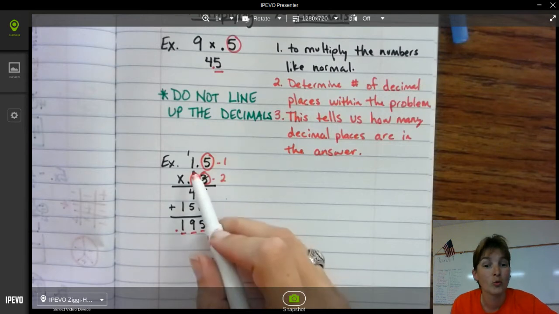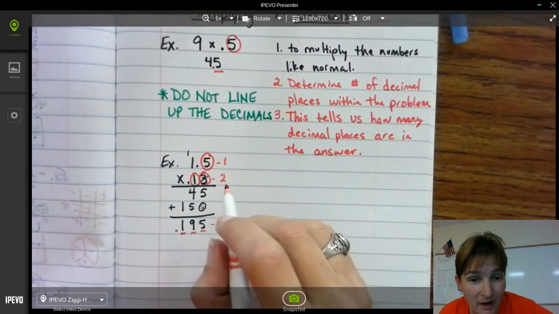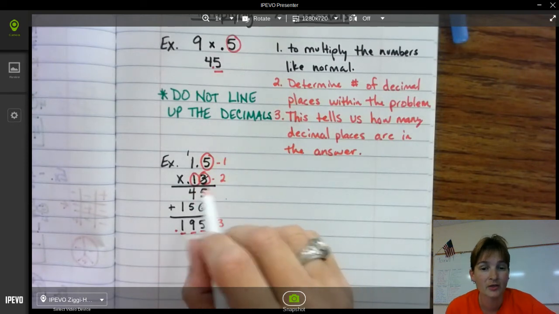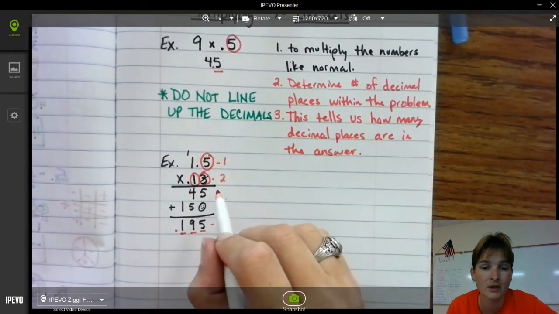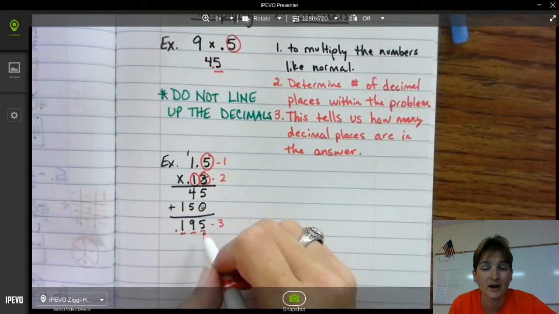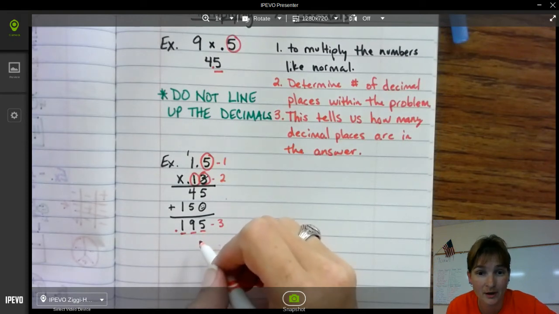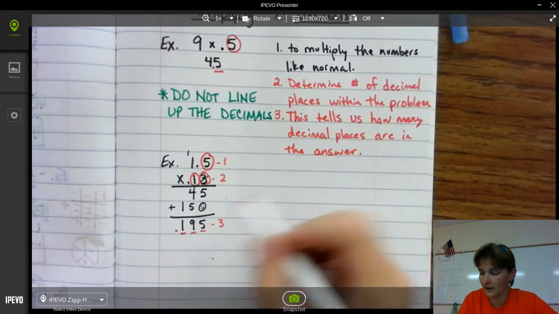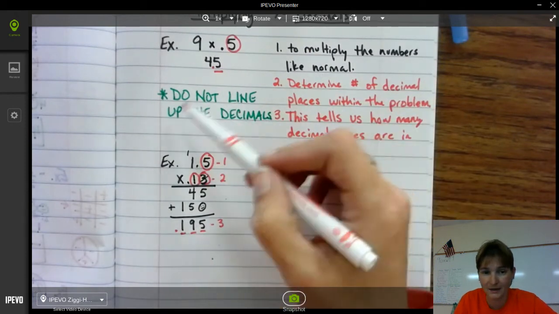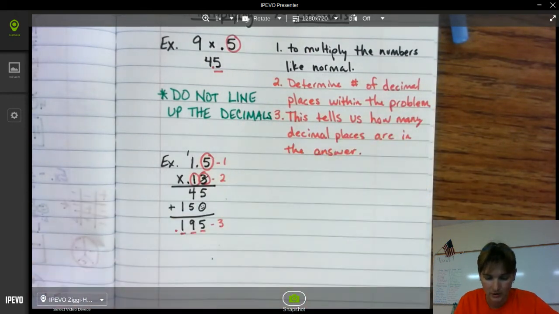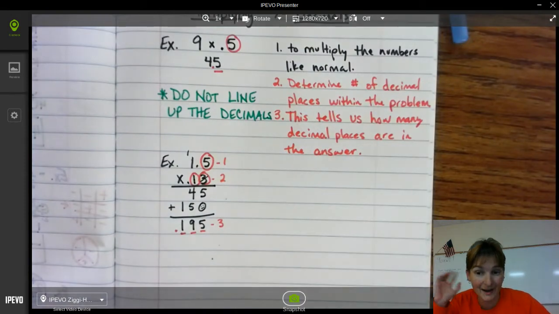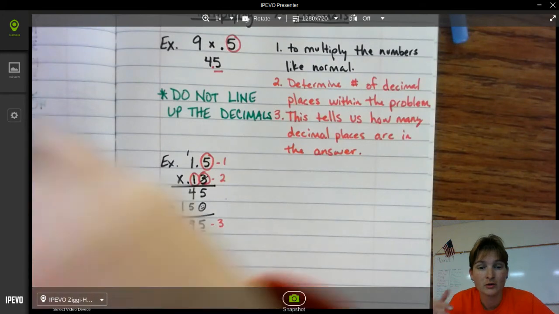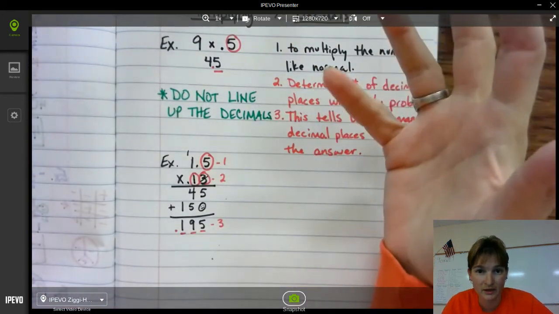So the answer for 1.5 multiplied by 13 hundredths, or 0.13, is 0.195 or 195 thousandths. Remember, I did not line up my decimals. You only have to line up decimals when adding or subtracting. Not multiplying, and you'll learn in the next video, you won't have to do it with dividing either.